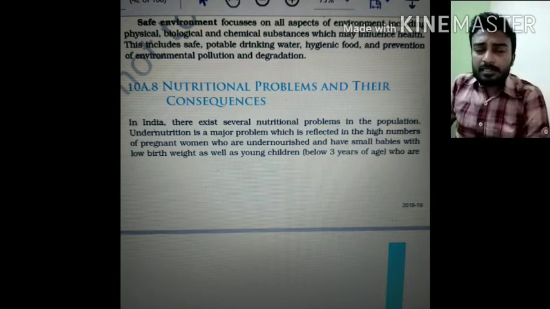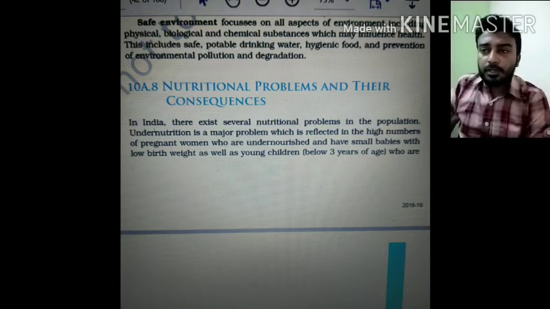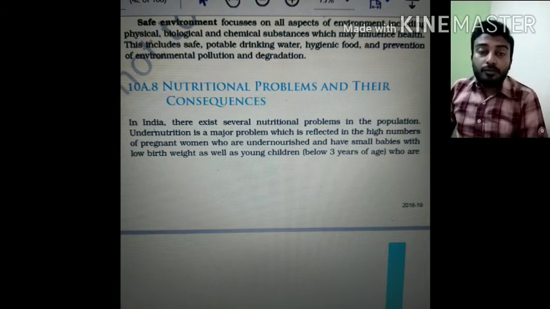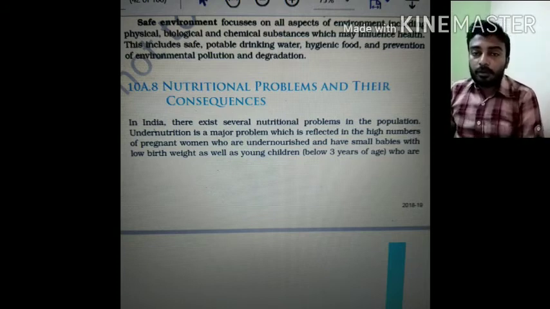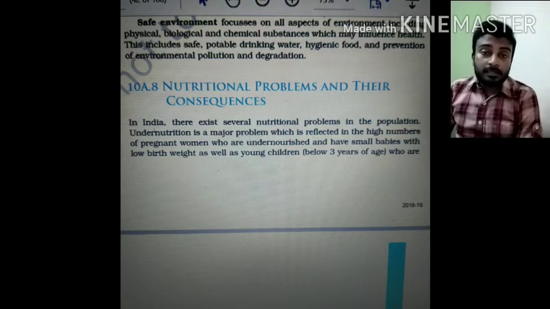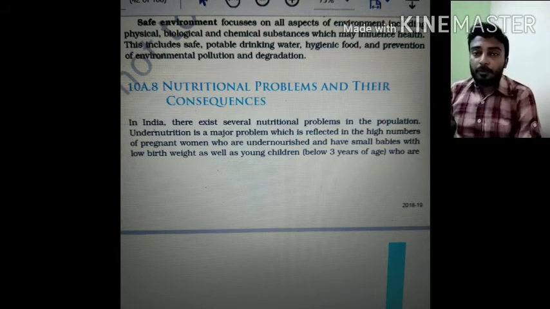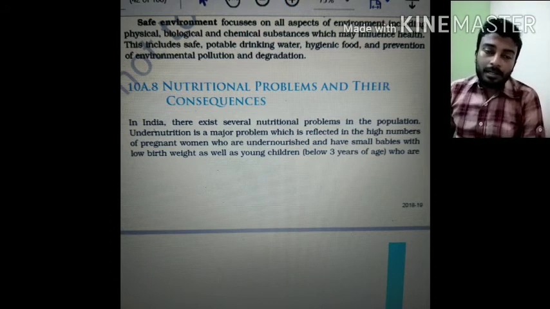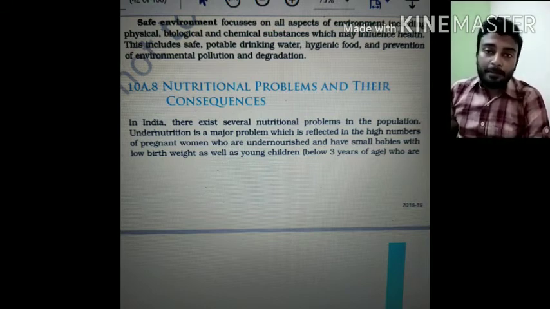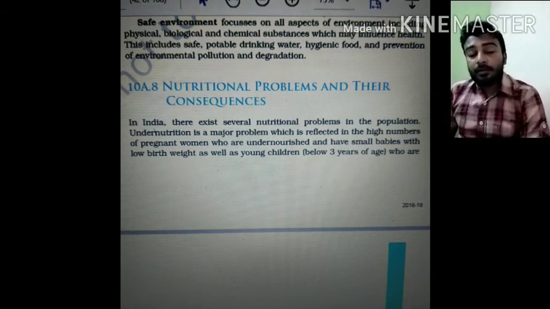In our next class, we will be studying about nutritional problems and their consequences. There are lots of nutritional problems in our population, and we have to be concerned about them because they could lead to different chronic diseases in our life, such as diabetes and coronary heart disease, and there are also several other diseases.